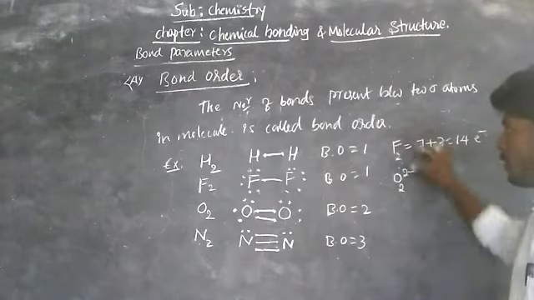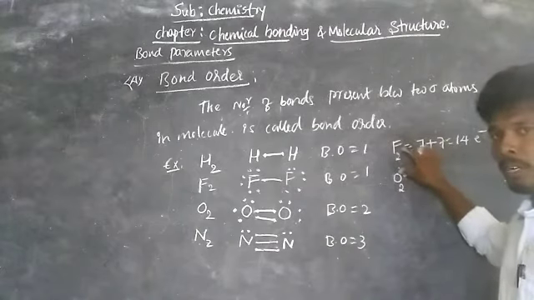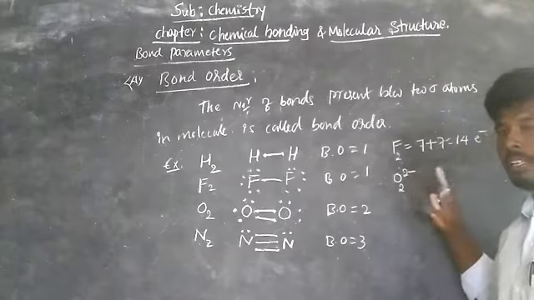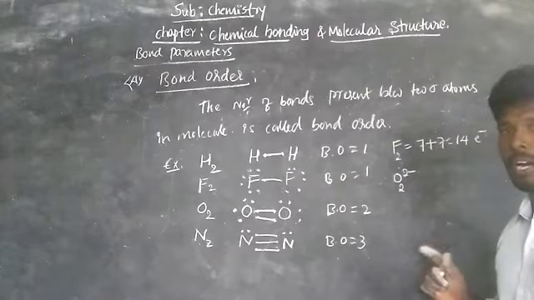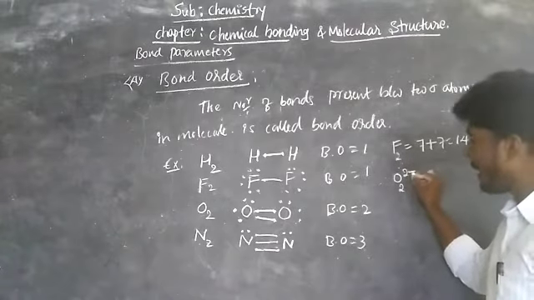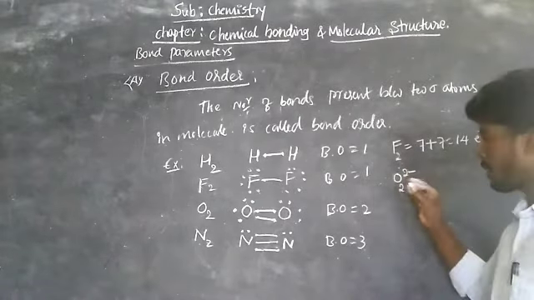Already I told you the atoms, ions or molecules having the same number of electrons have the same bond order. Now observe O2 2 minus. 2 minus means we are adding extra 2 electrons.